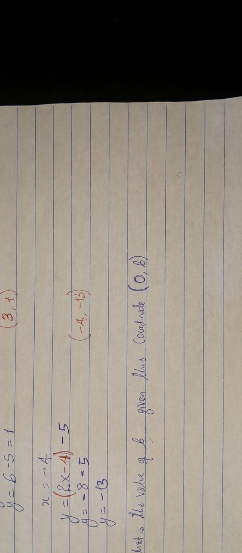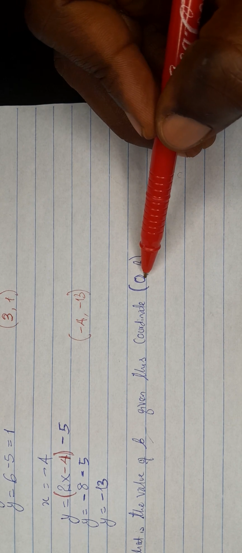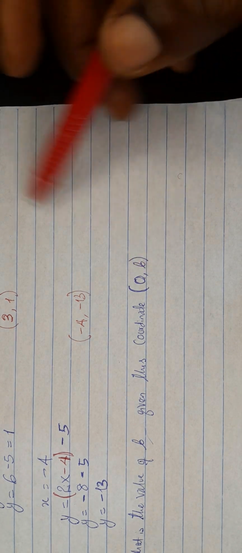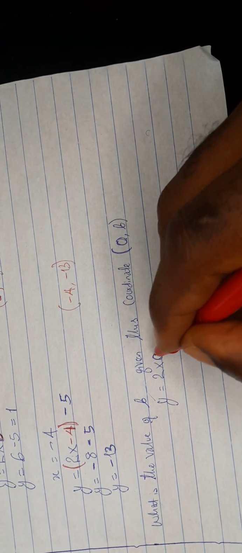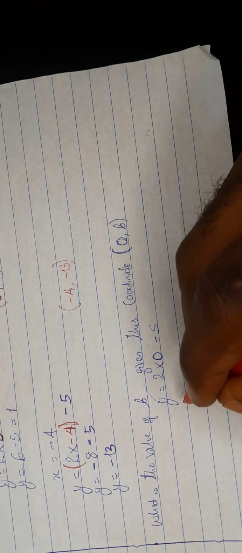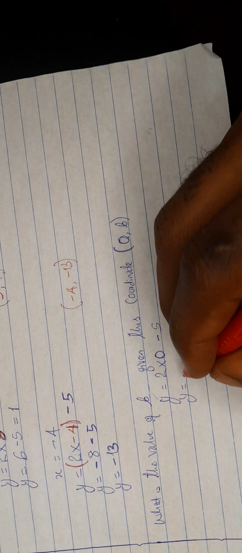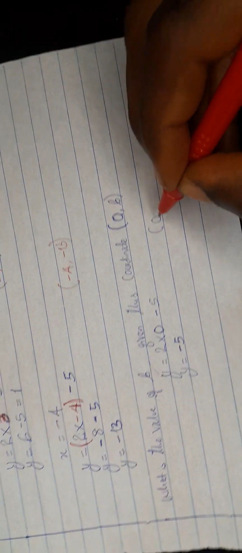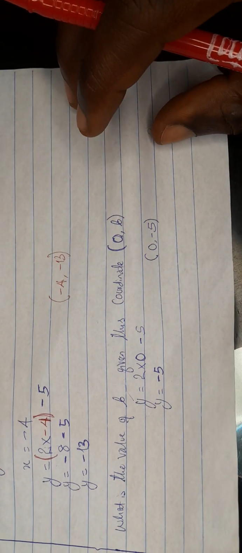So it means anywhere I see x, I put in the value of 0 and get the corresponding value for y. For this same equation, so it now becomes y equal 2 times 0 minus 5. So 2 times 0 is what? 0. 0 minus 5, it now becomes negative 5. So the coordinate will now be 0 comma negative 5.